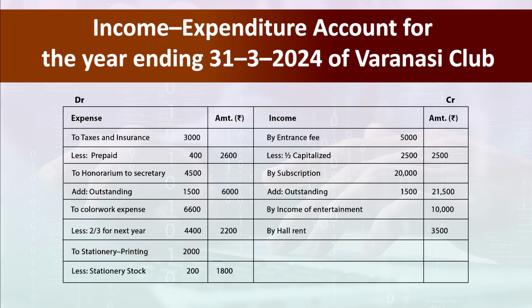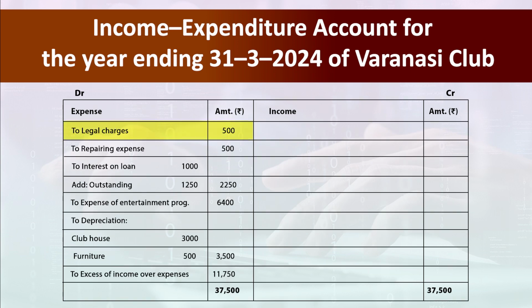From it we deduct stationery stock of rupees 200. The actual amount is rupees 1800. Then there are legal charges of rupees 500, repairing expenses of rupees 500.